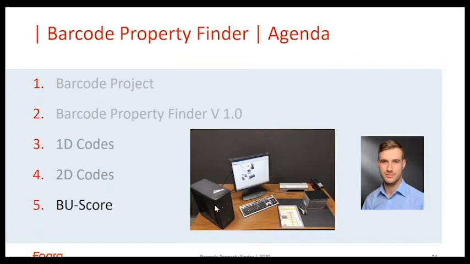BU score. It is an indicator of how homogeneous the barcode is. We have 10 measurements for one barcode. So we can show you this live here.